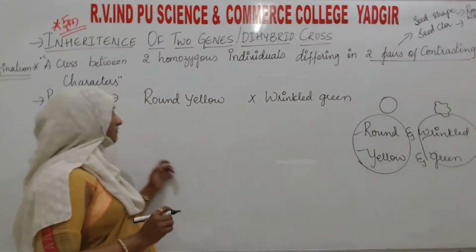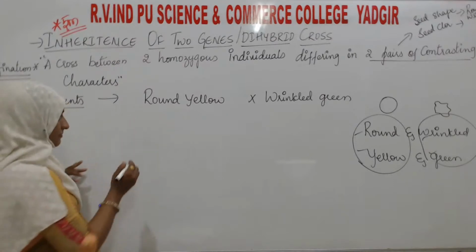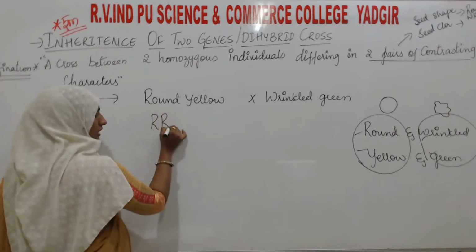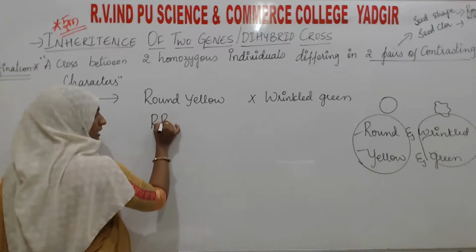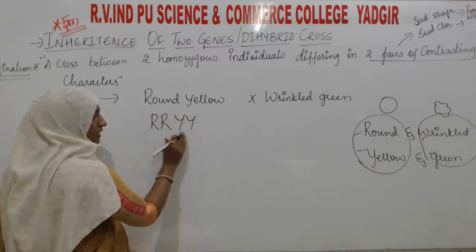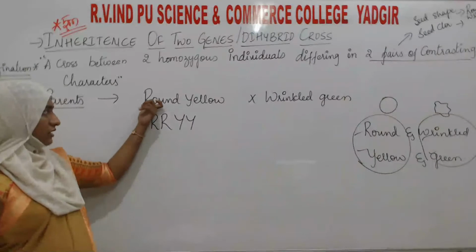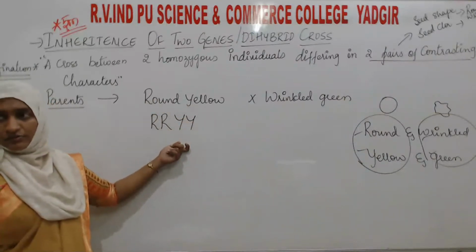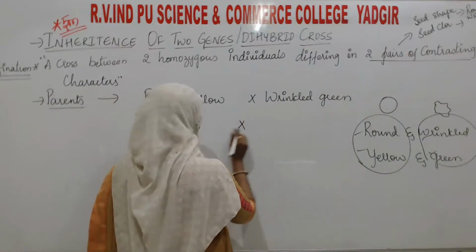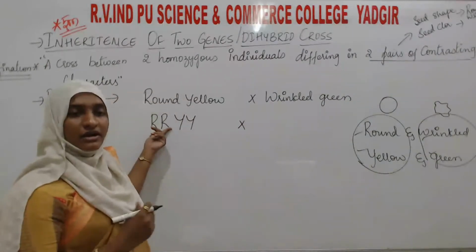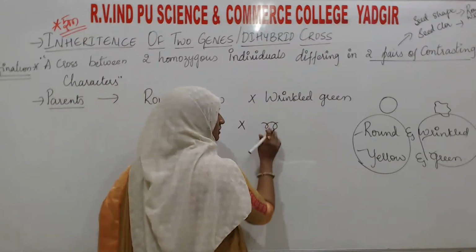Okay, so see here, round yellow: we can represent the genes or alleles. Capital R for round, capital Y for yellow. Two alleles for round, two alleles for yellow. Crossed with the wrinkled, they are contrasting. Opposite to capital R, it becomes small r.